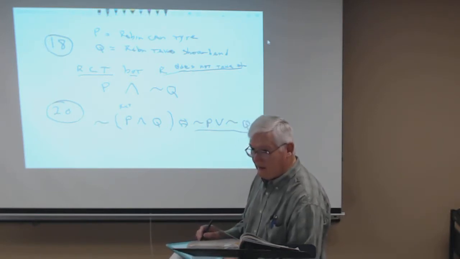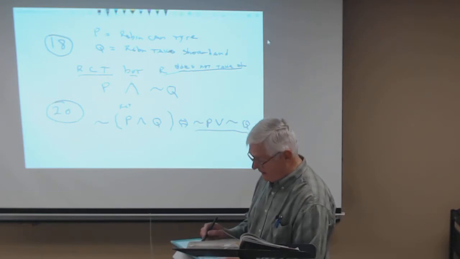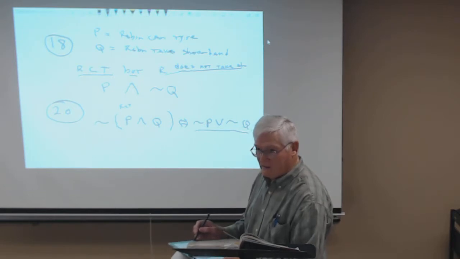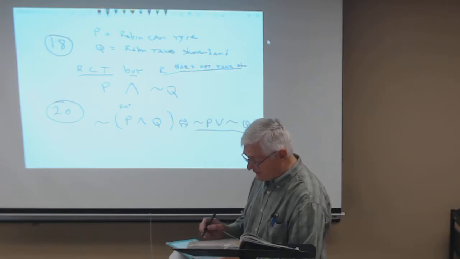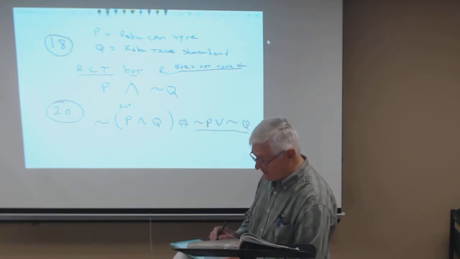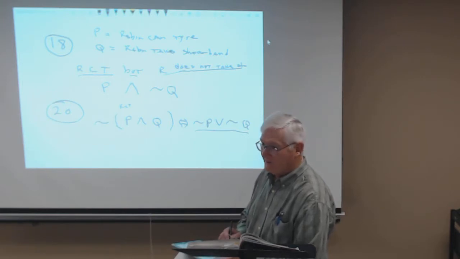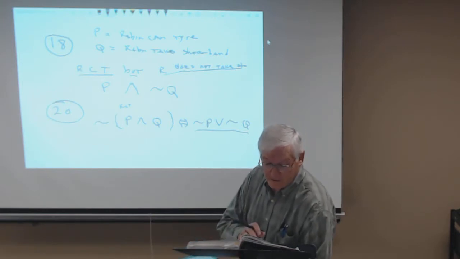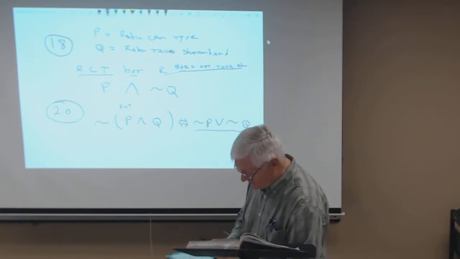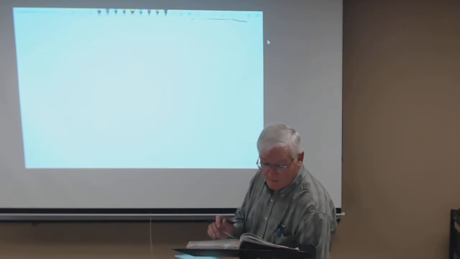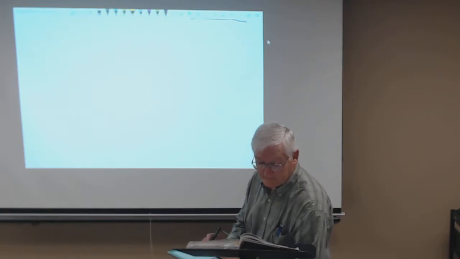Not P would be Robin cannot type or Robin cannot take shorthand. Do you see where that's equivalent to saying it's not the case that she can type and take shorthand? Good. Then we're ready to move on down to problems 21 to 25.